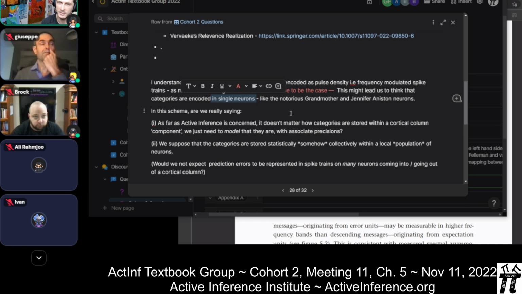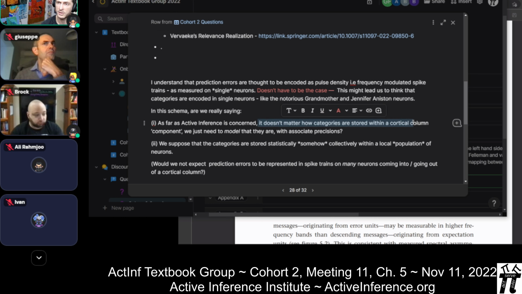are associated with the inputs and outputs, even in cases where there is a statistically tight relationship between the firing activity of some neuron and some other category being identified. Then are we really saying it doesn't matter how categories are stored, we just need a model that they are?